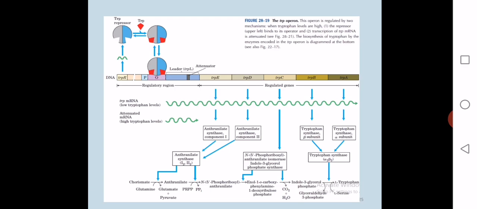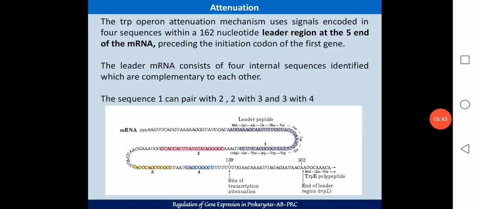This trp L region codes for an mRNA called the leader mRNA, and this leader mRNA consists of different sequences that are involved in the attenuation system.